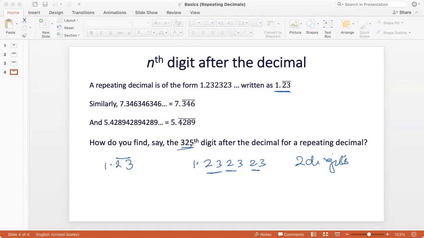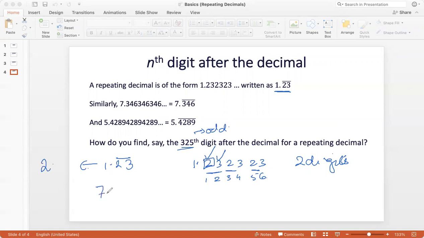So I can see that all the odd number digits are 2 and all the even number digits are 3, right? Because when you have divisibility by 2, you only have even and odd. So here you see that the 325th digit, being an odd digit, will be 2. So the 325th digit for this repeating decimal is 2.